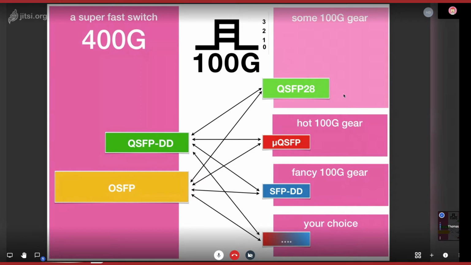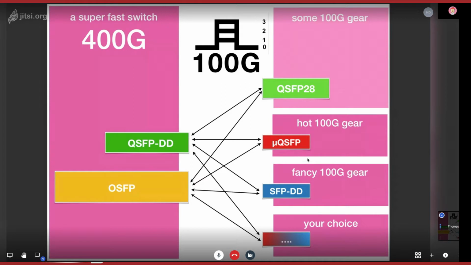the QSFP28s which we know so far. It's the same form factor, but it will be newer ones which run on a single lambda at a speed of 100 gigabit, because the current ones we have run at 4 times 25 gigabit with 4 waves, and this one will then run on 1 wave with 100 gigabit. So it's basically technology taken from a QSFP-DD or OSFP and squeezed into a QSFP28 housing.